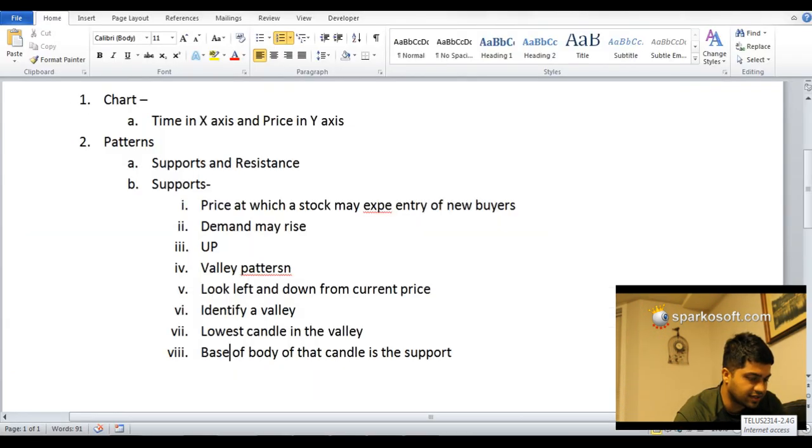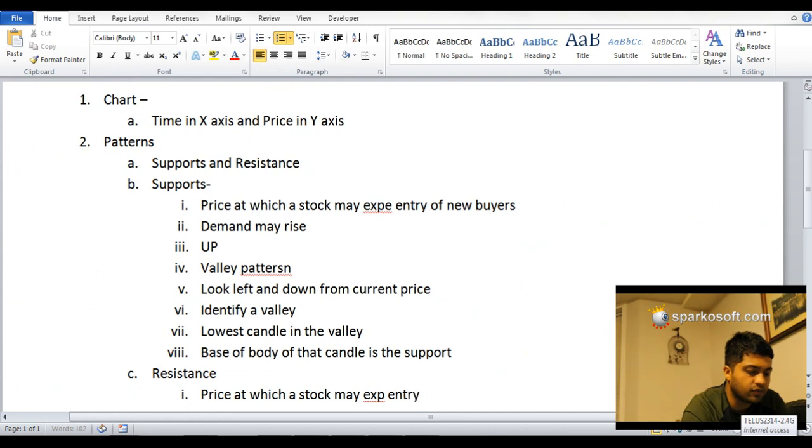Next is resistance. So what is resistance? It is a price at which a stock may experience entry of new sellers.